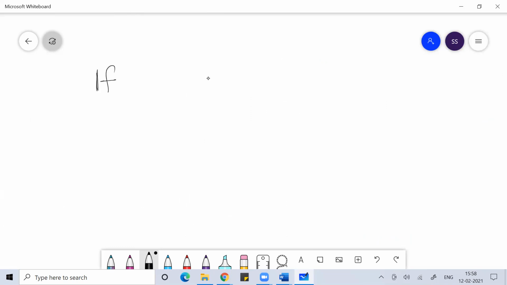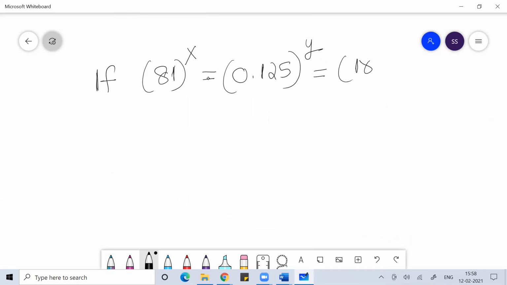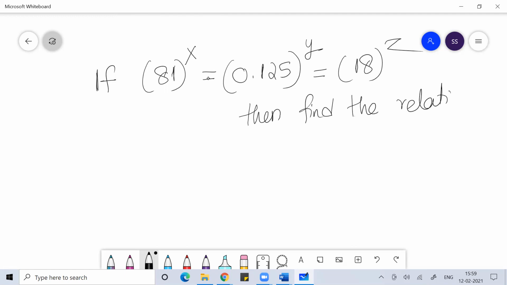Now, if I ask you this: if 81 to the power x is equal to 0.125 to the power y is equal to 18 to the power z, then this is the important thing: find the relation between x, y, and z.